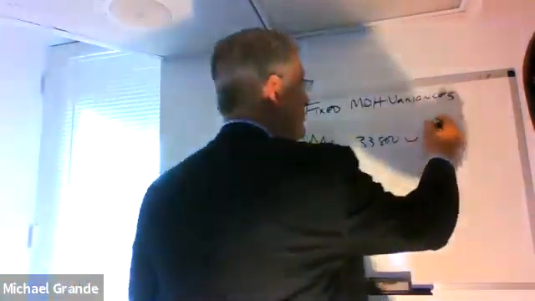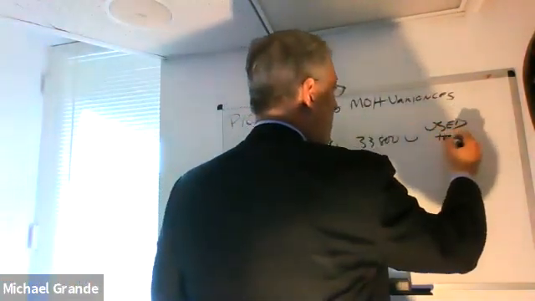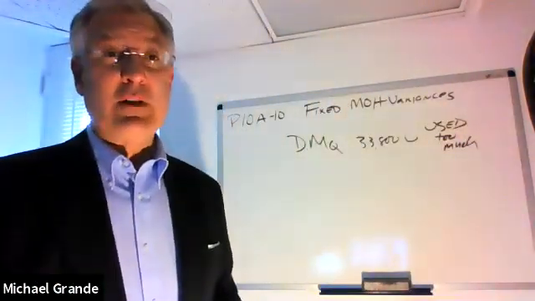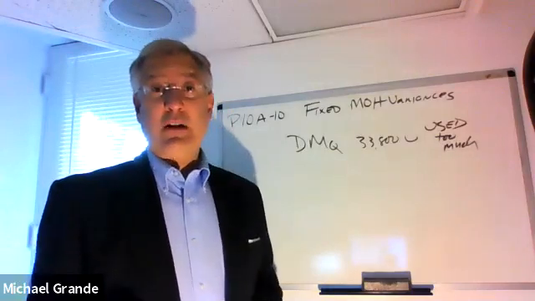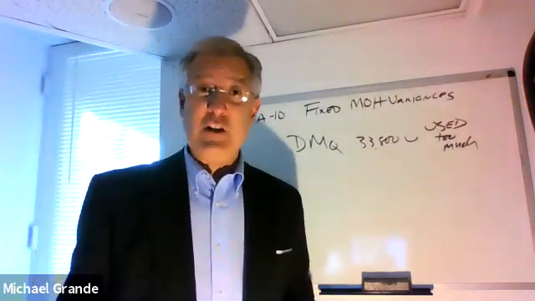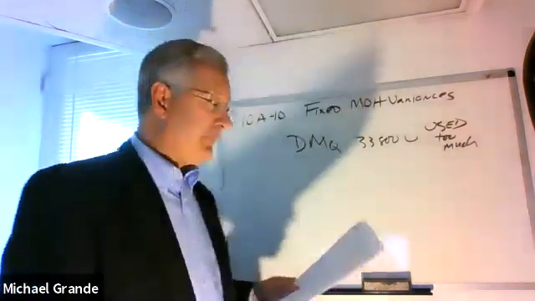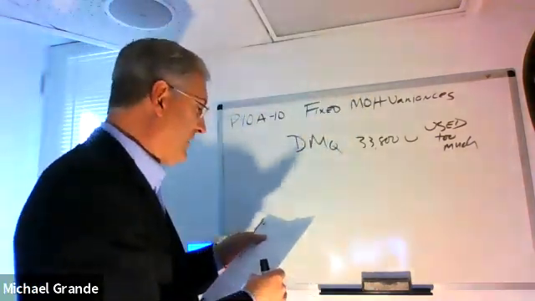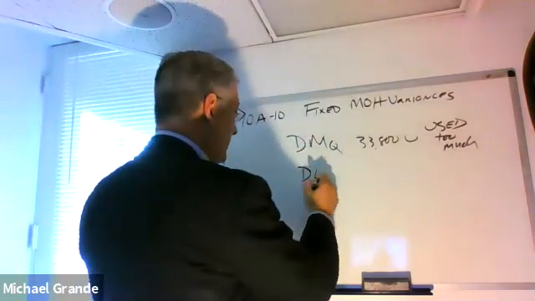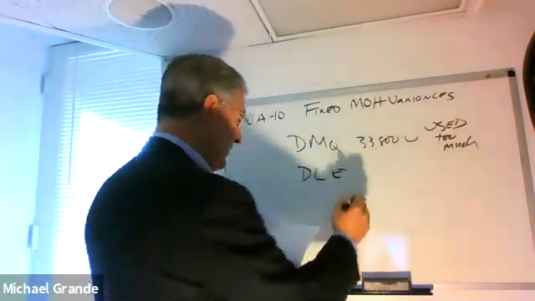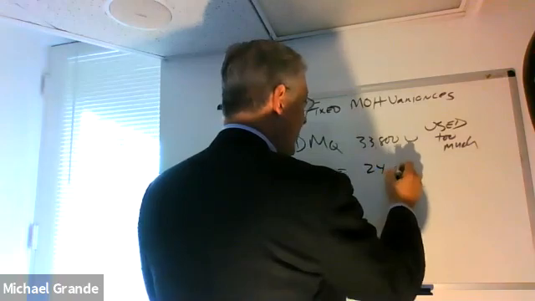They used too much materials for whatever reason. The corrective action should probably be something like job training, because if they're making mistakes, that's not a good thing. The second significant variance here was the direct labor efficiency variance, which was $24,000 unfavorable.